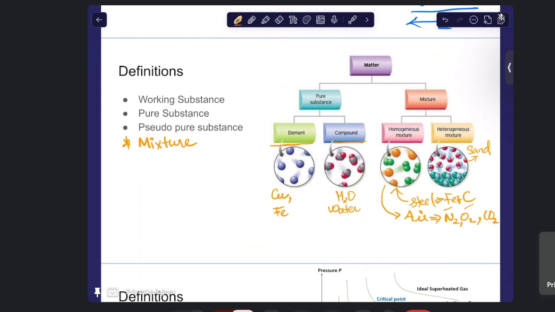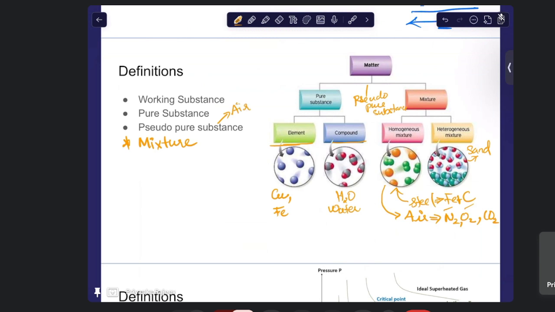And then there is something in between that is called a pseudo pure substance. So what is a pseudo pure substance? For the sake of simplifying the calculation, you will be taking some mixtures as pure substance. For example, air.